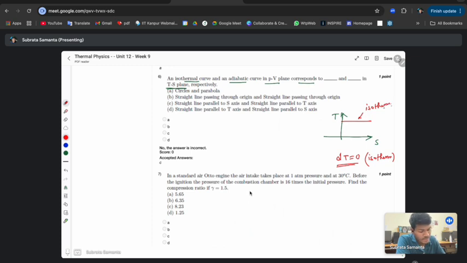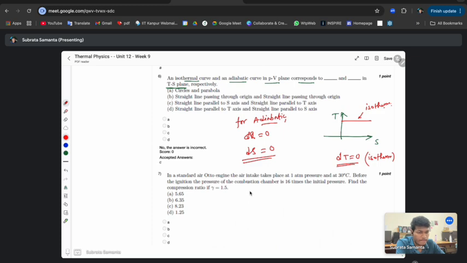Now for adiabatic, dq equals 0. You know that dq is basically TdS, so dS equals 0. That means the entropy is constant.